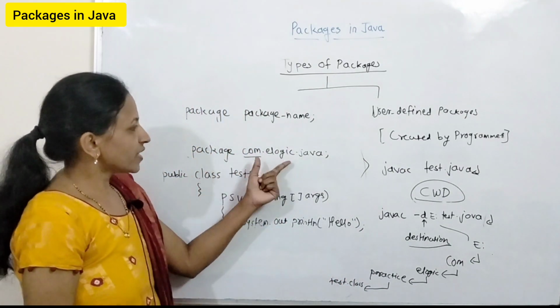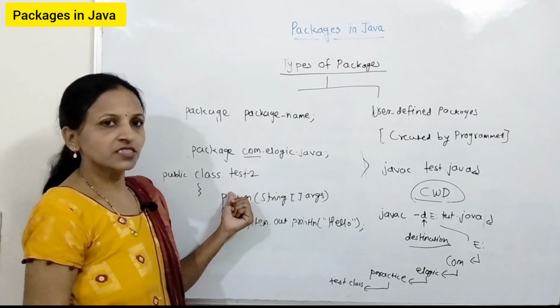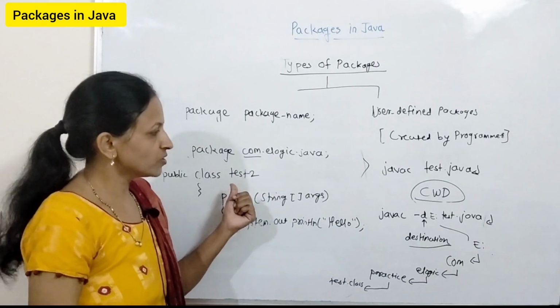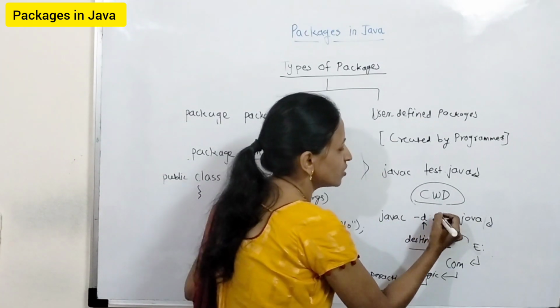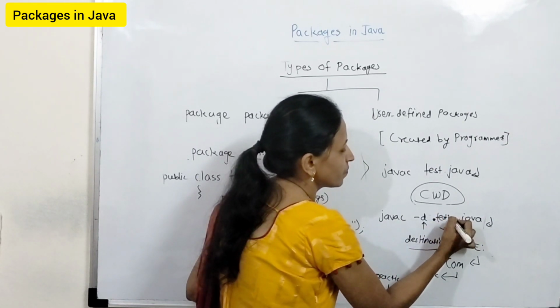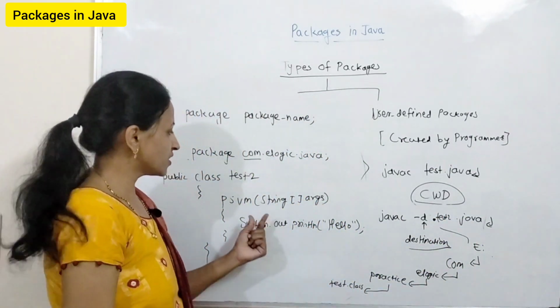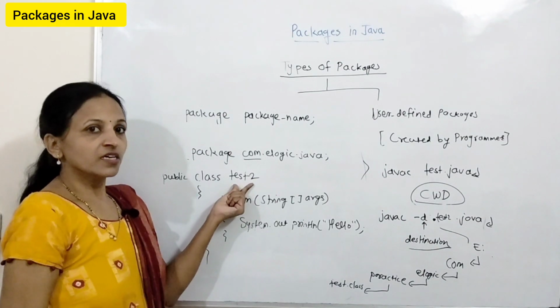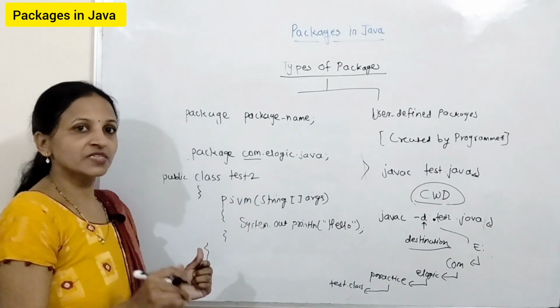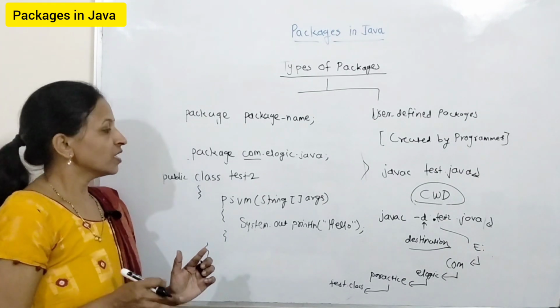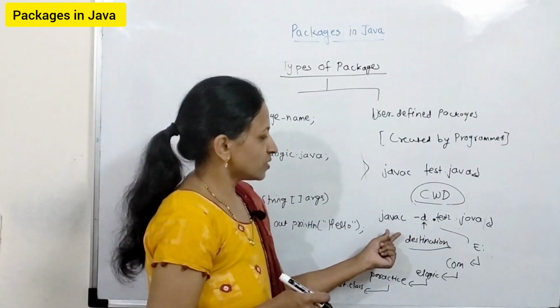This is one more program, saved as test2.java. This test2.java is because the class name is test2, which is why we have to save this file compulsorily with the name test2.java.